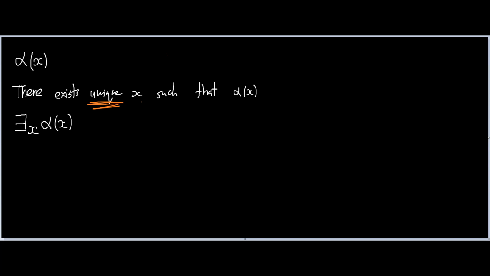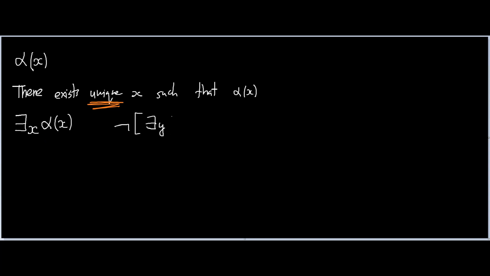Well, I could literally say that in symbols, right? I said there cannot be another object having the same property, so I could say, okay, it's not true that there exists something else, something that's different from this one that we know exists.